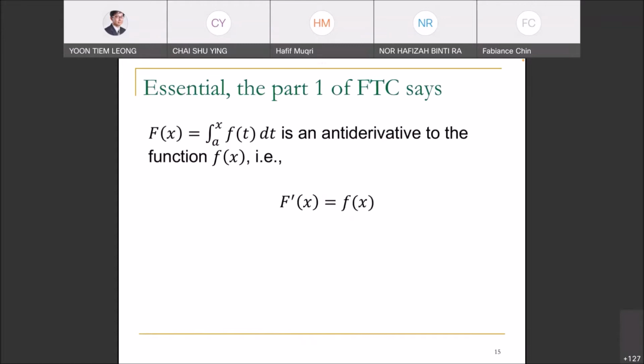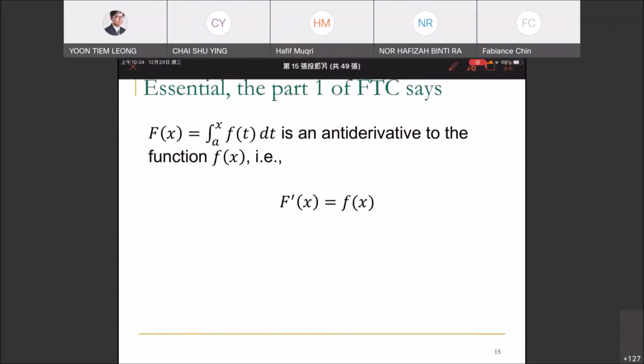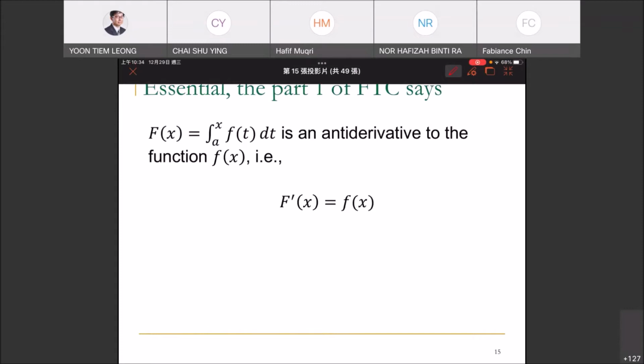Basically, we want to prove that if you have a function which you define in integral form, then you establish that the derivative of the capital function F is the small function f.